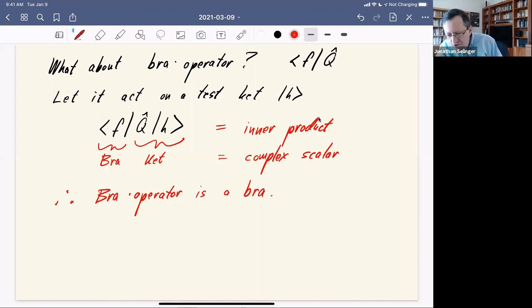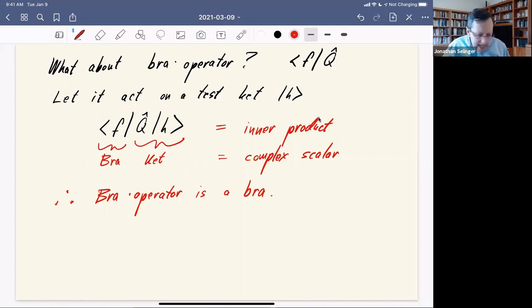Okay, so now the interesting point, really Dirac's motivation for doing all this stuff, is that we can set up quantum mechanics working in terms of these three types of objects, right? Kets, bras, and operators.